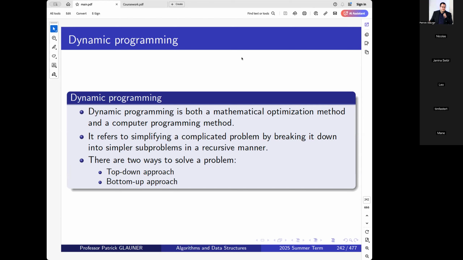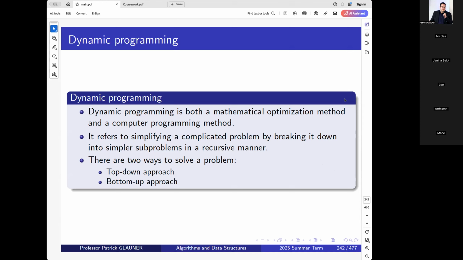We will also use dynamic programming now, but in the context of recursion. And what it does is it allows us to solve recursive problems faster. And there are two approaches of how you can speed up your recursion through dynamic programming. Either it's a top-down or a bottom-up approach.